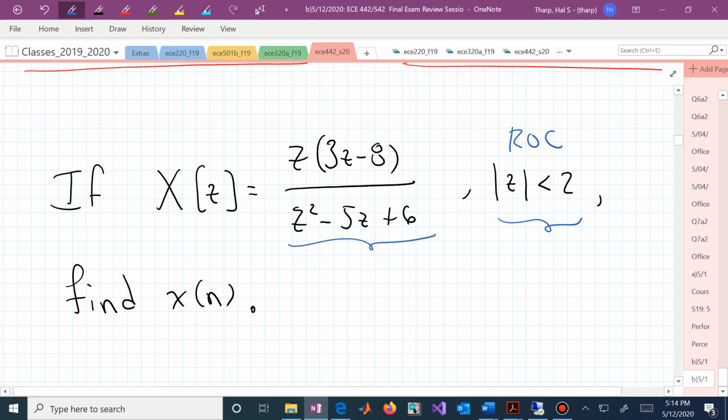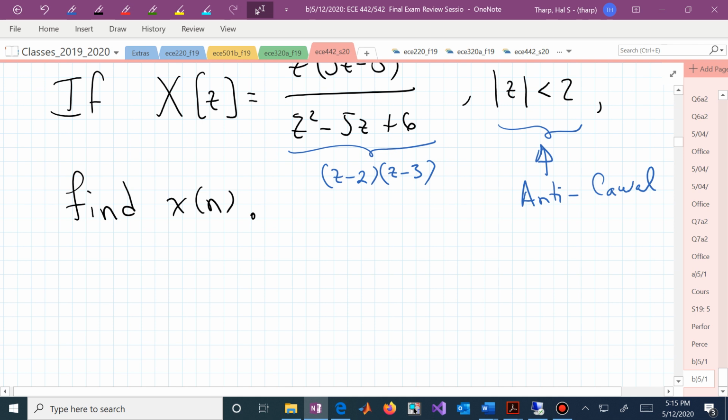You'd first want to factor this, and I'm not trusting my factoring capability after the most recent video series, but now we have this factored, and we have a pole at 2 and a pole at 3. This now says our region of convergence is interior to all of our poles. That says this corresponds to an anti-causal system.